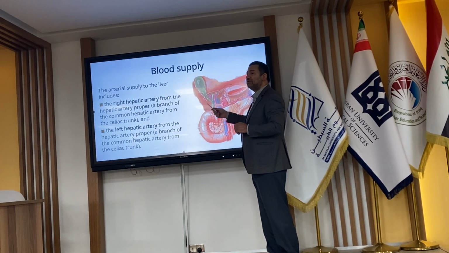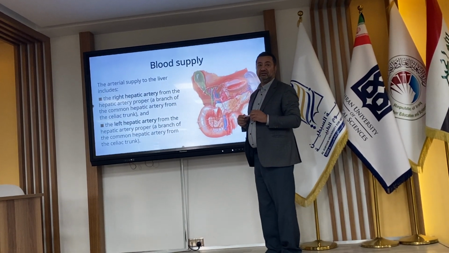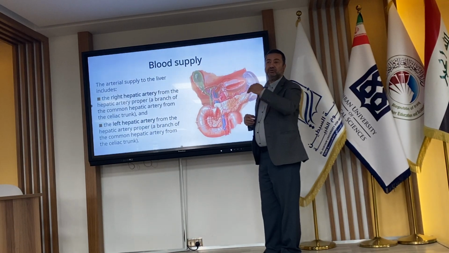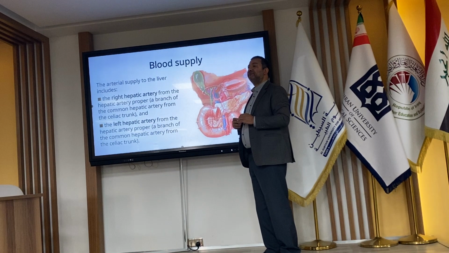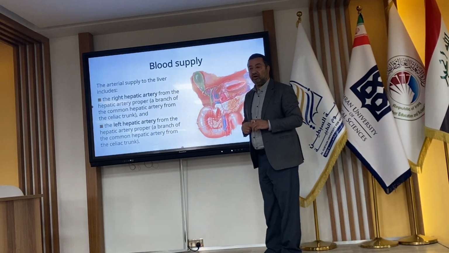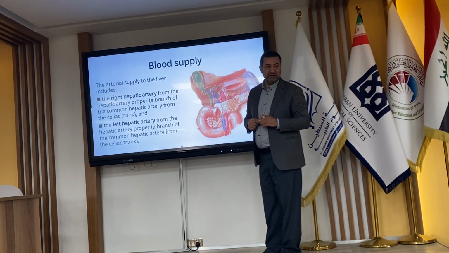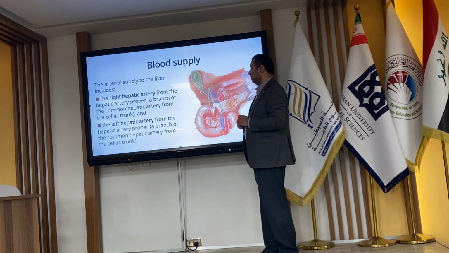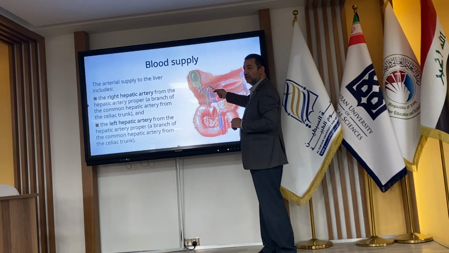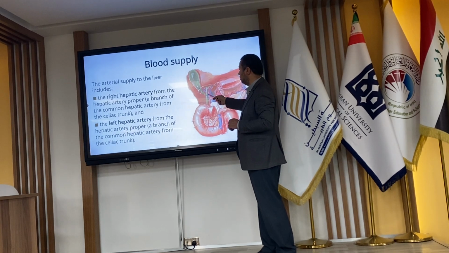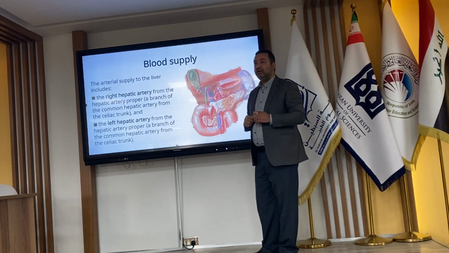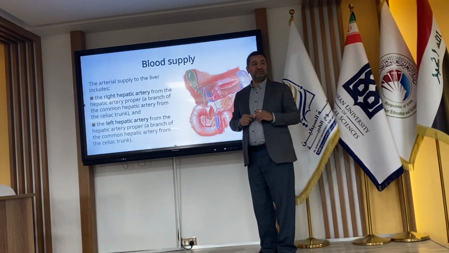From right hepatic artery, a branch emerges and goes to the neck of the gallbladder. This branch is called cystic artery. If you remember, the triangle between cystic artery, common hepatic duct, and cystic duct is called Calot's triangle or cystic triangle.